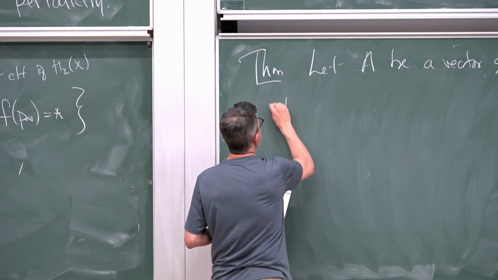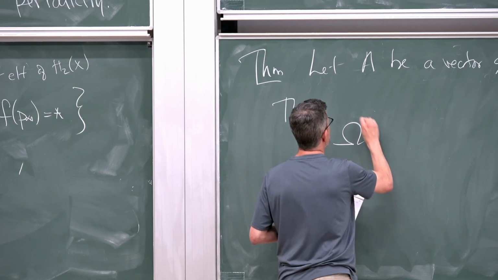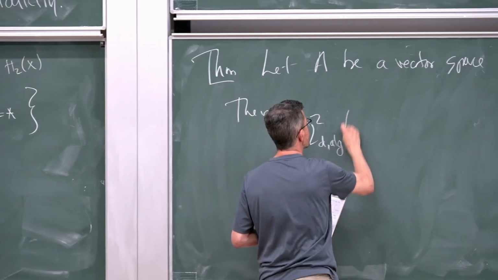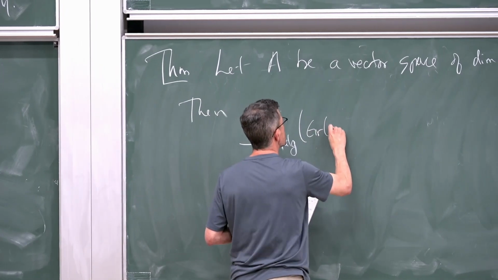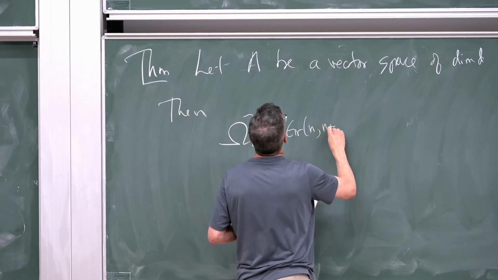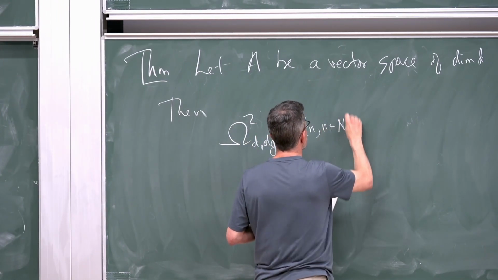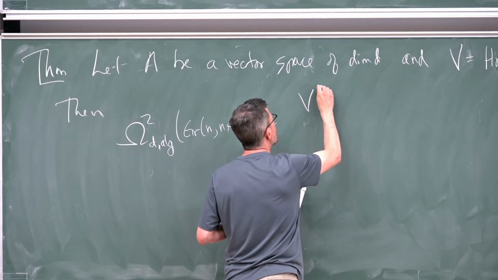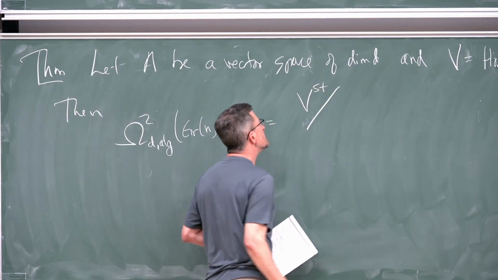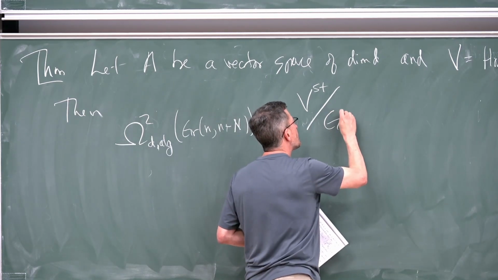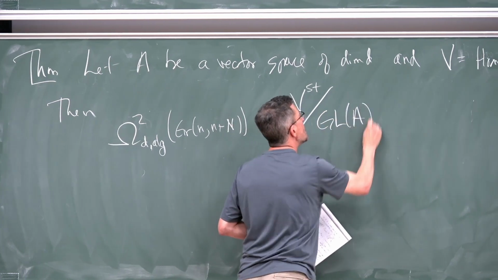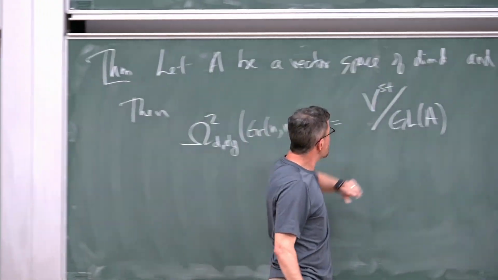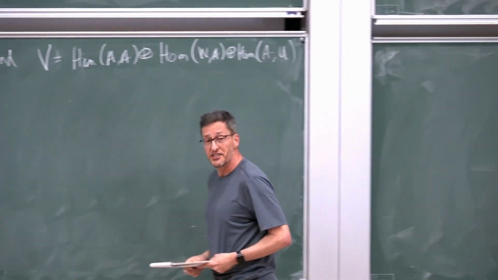And so then, the space is the stable locus of the action of GLA. So GLA, of course, acts on this. And I want the stable locus, and it's exactly this guy.